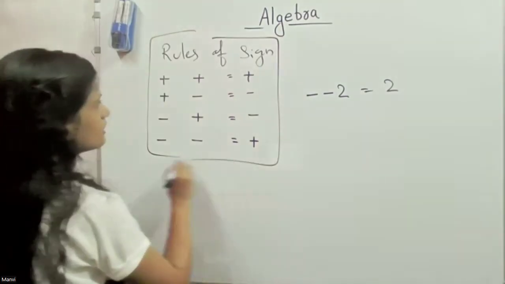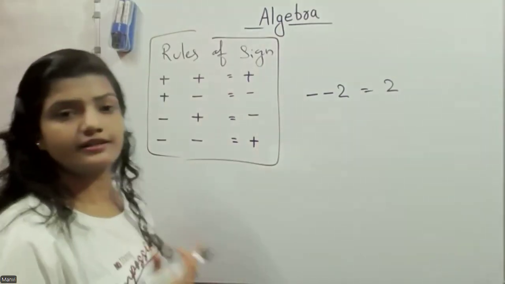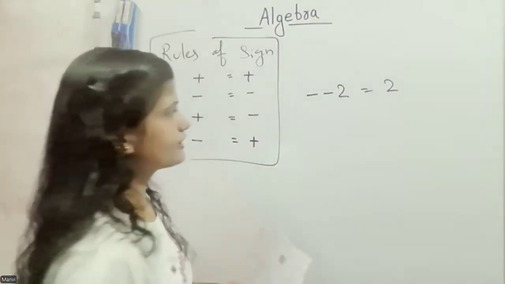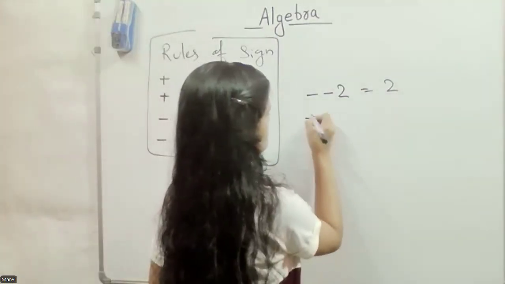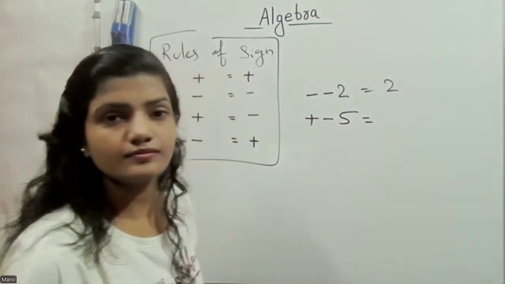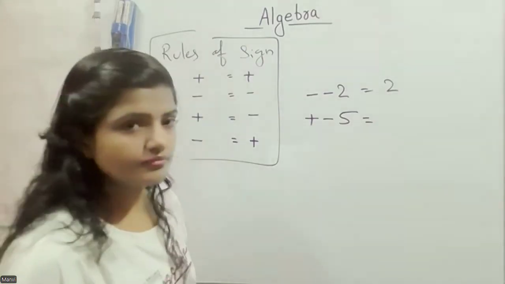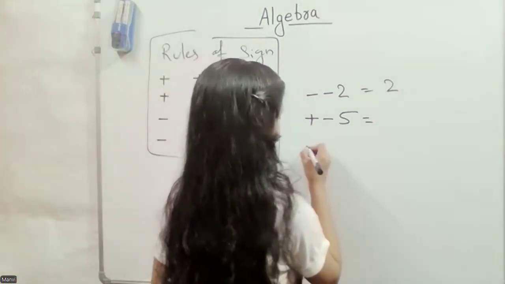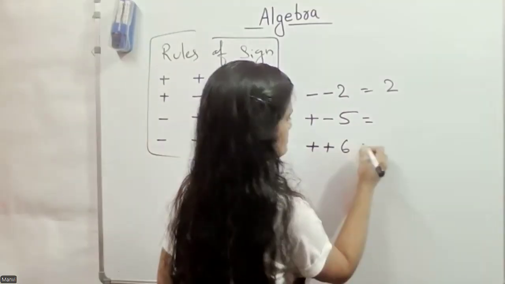Here, one more thing: this is just the rule for sign. It's not like we are adding or subtracting something. So this is just the rule of sign. For example, we have some value like plus and minus 5. So what does it equal? Will it be minus 5? Yes, it will be minus 5. And then plus 6.